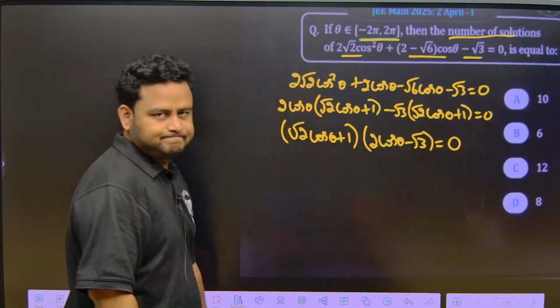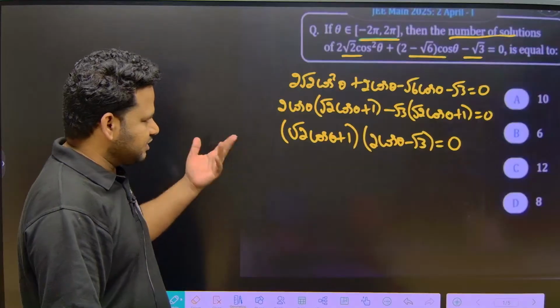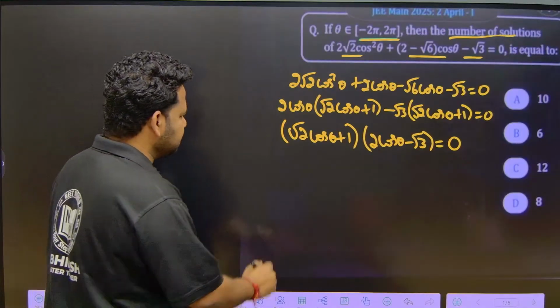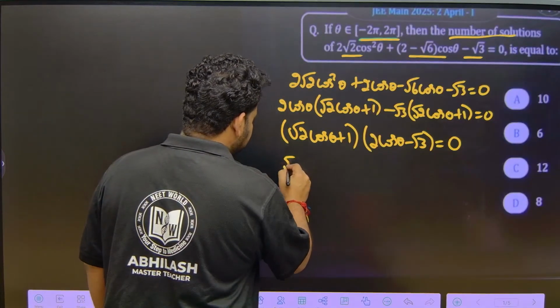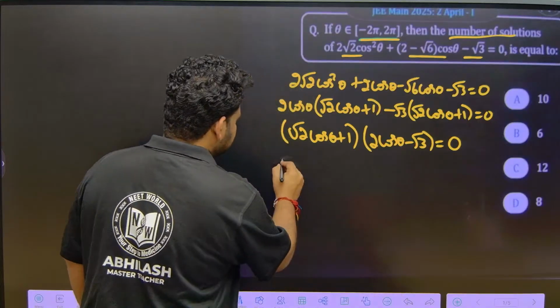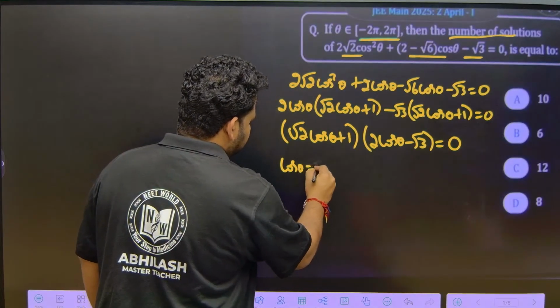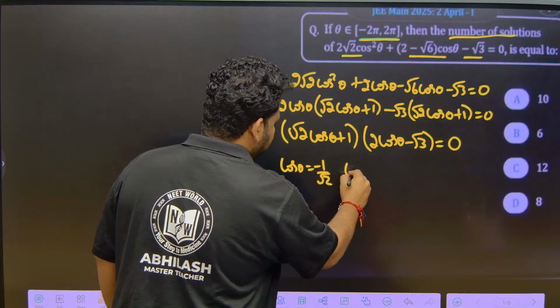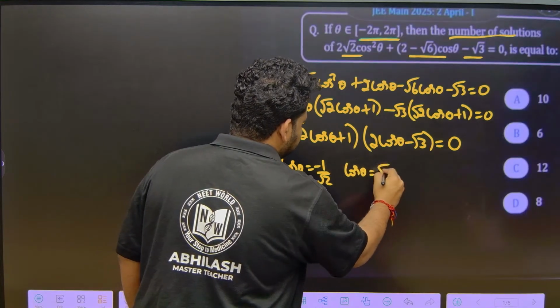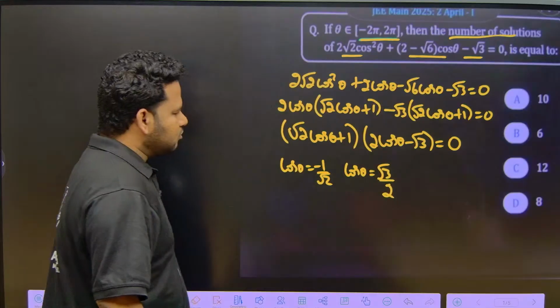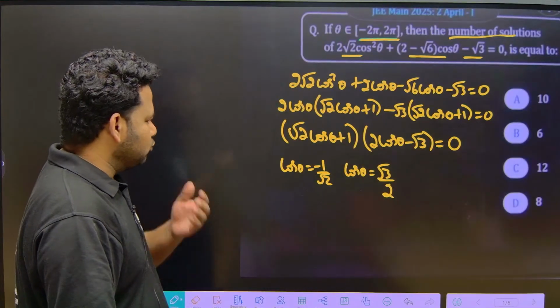This is what we have. It is like a quadratic equation in cos. So, I will get cos theta is equal to minus 1 by root 2 and cos theta is equal to root 3 by 2.